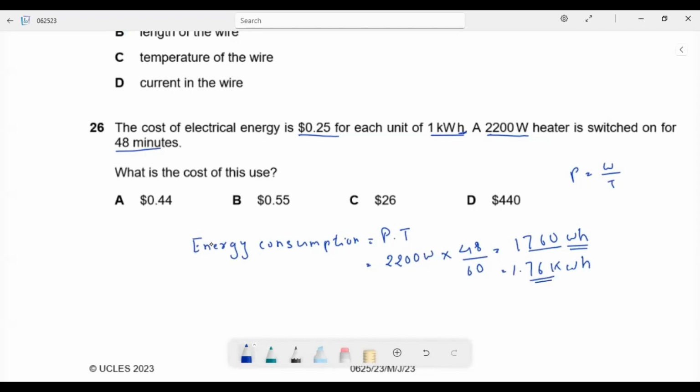So the energy consumption we have got, and we know the cost for 1 kilowatt hour. So the total cost will be equal to energy consumption 1.76 kilowatt hour into the cost for 1 kilowatt hour, that is 0.25. Multiplying, you'll be getting the answer 0.44. So A is the right answer.